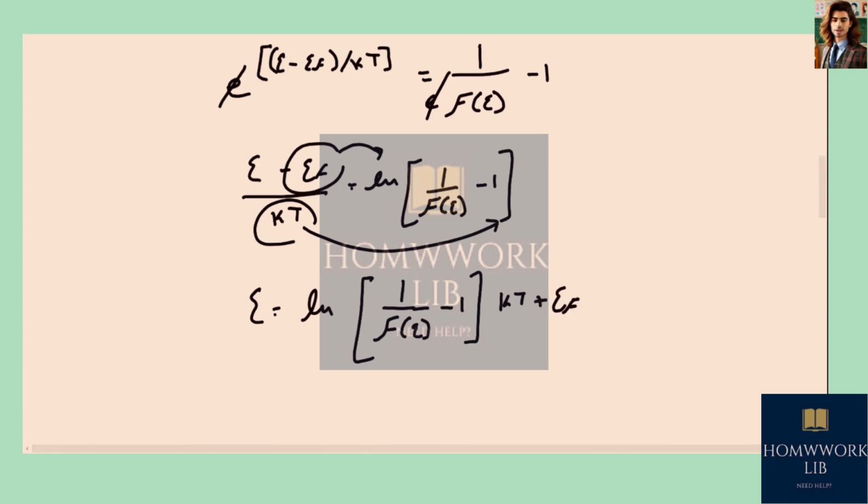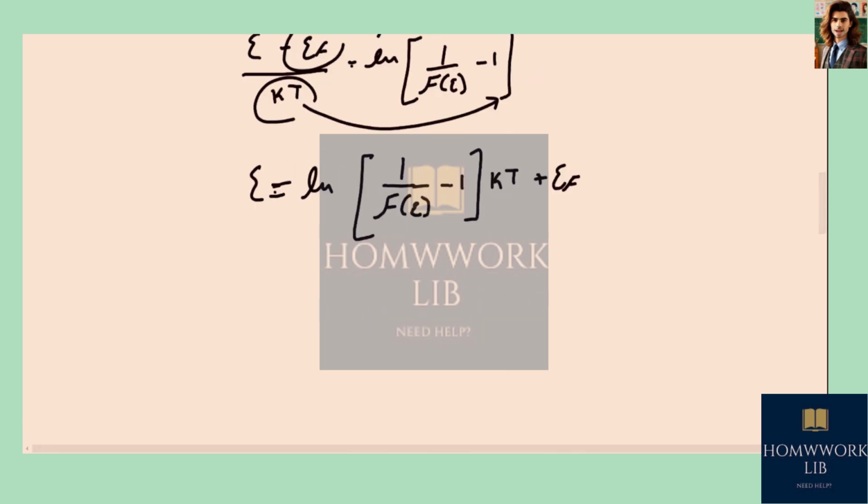And let's make that a little decent looking. Times KT. This is an E, capital E. Okay. So from this, the conclusion is that the slope of the above graph is equal to KT and the y-intercept is equal to the EF.